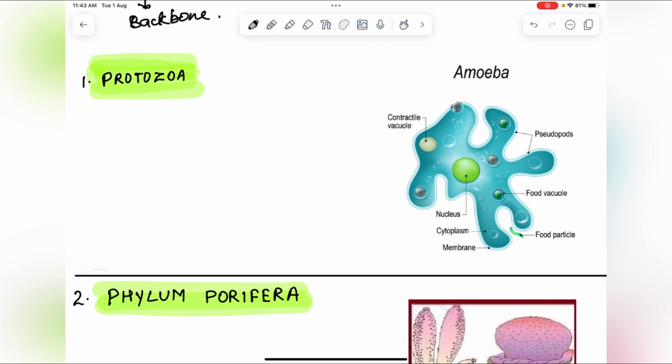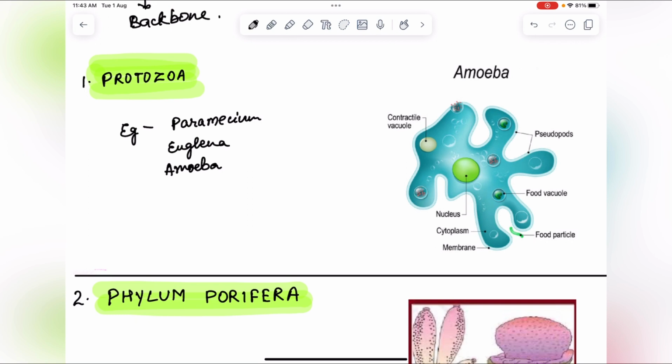These are the examples of protozoa, and they all are unicellular organisms.